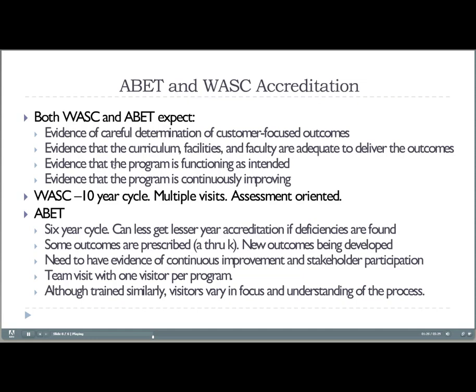They both want evidence of careful determination of your outcomes. They want to see how you developed your mission, vision, and your assessment processes. They want evidence that your curriculum, facilities, and faculty are adequate to deliver the outcomes.